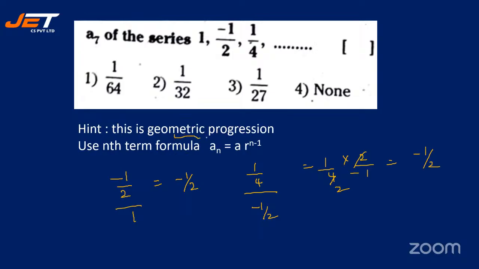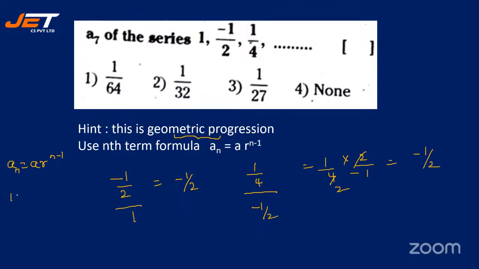Since they have given it, we cannot quickly assume it is correct, but we need to check before we do the sum. So what formula do we use? A_n is equal to a r to the power n minus 1. By using this formula, what is a here?